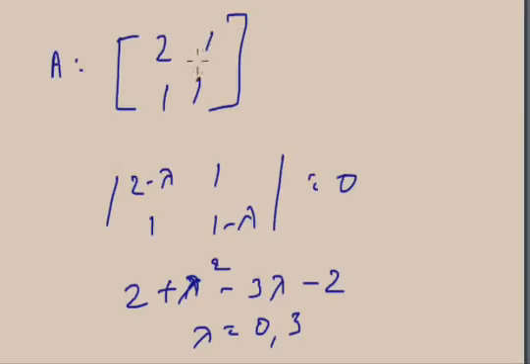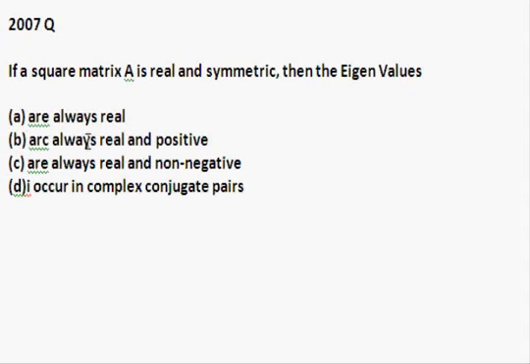This is a symmetric matrix. So the eigenvalues are 0 and 3. So it is real. If a square matrix is real and symmetric, then the eigenvalues are always real. So A is the correct answer, because one of the eigenvalues is 0, so you cannot say always positive or negative.